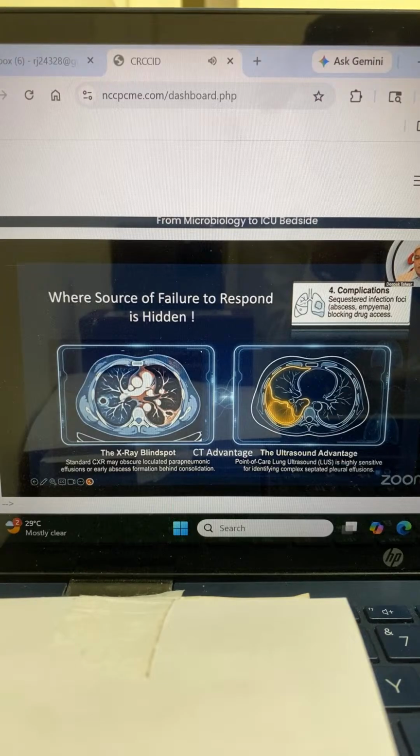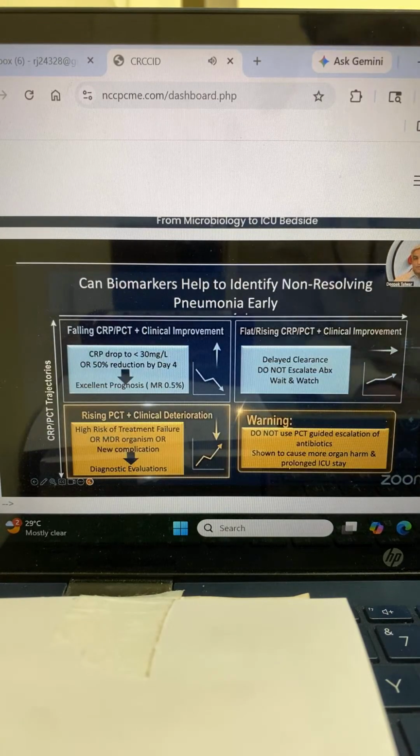These blind spots can occur where there is a loculated parapneumonic effusion, which I've spoken about, and sometimes even abscesses formed in the consolidation, where antibiotics are not able to get direct access and hence are not effective in controlling the infection. At this point of care, a lung ultrasound is very sensitive to pick up complex septated pleural effusions, and drainage of them is all that is required rather than just changing the antibiotics in this group of patients.